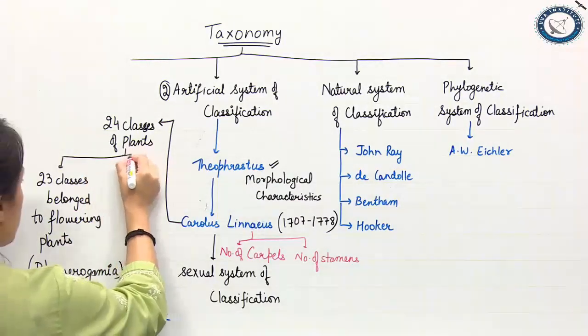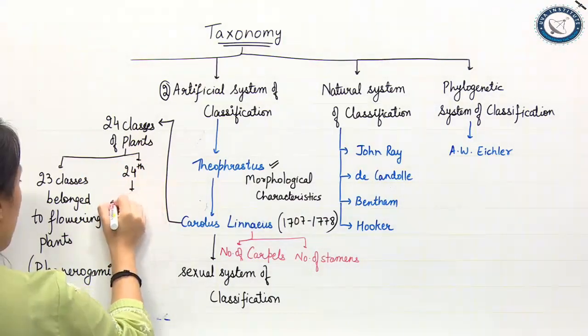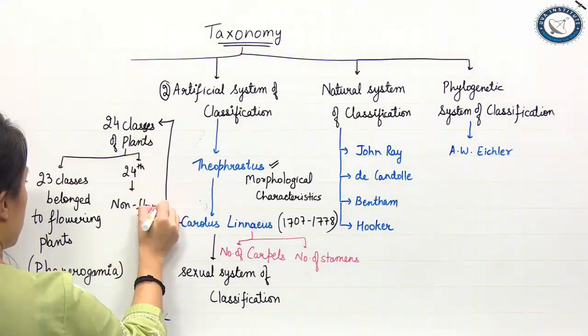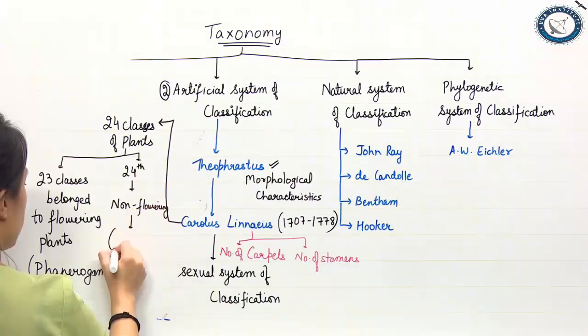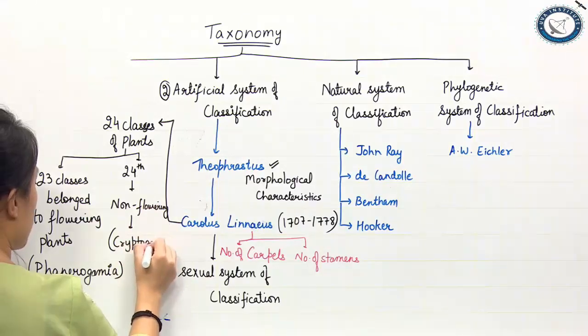And yes, of course, the 24th one would be non-flowering, which we now know as Cryptogamia.